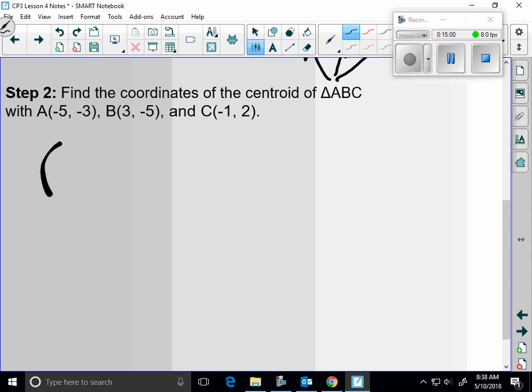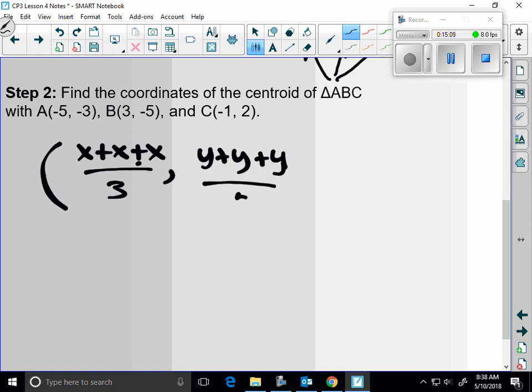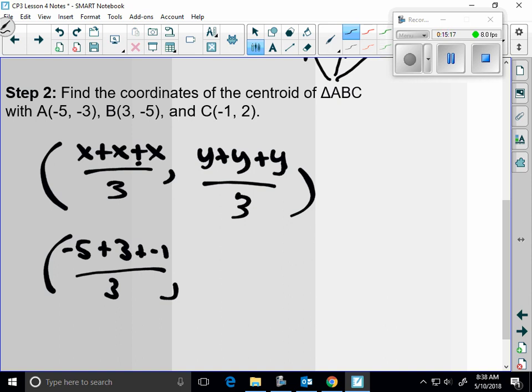Because centroid is this. Oh, what are my x's? Well, they're -5 and 3 and -1. And my y's are -3, -5, and 2.